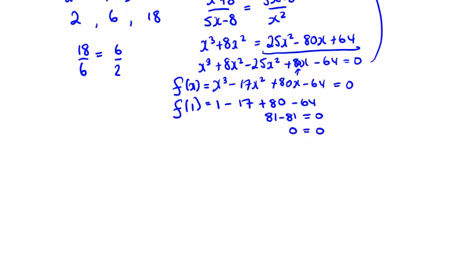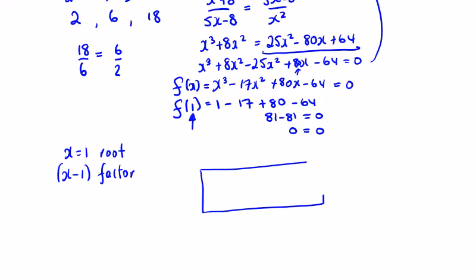Now if 1 gives me 0, we can say that x equals 1 is a root. So x minus 1 is the factor. So if we divide x minus 1, using our very simple box method, into the cubic, we'll get a quadratic that will give me the other solutions, or the other solution.